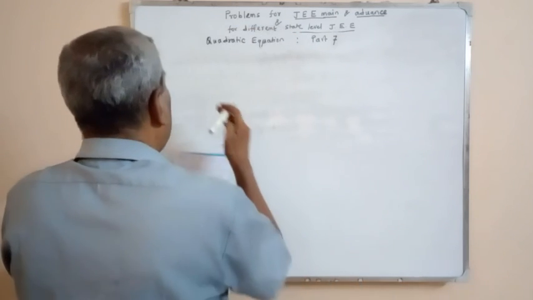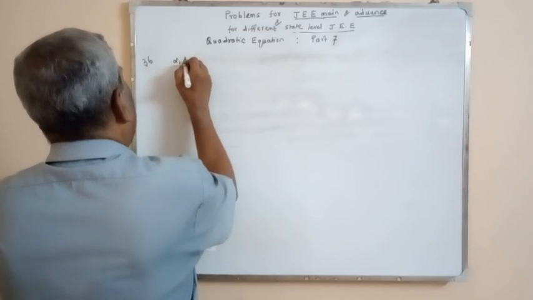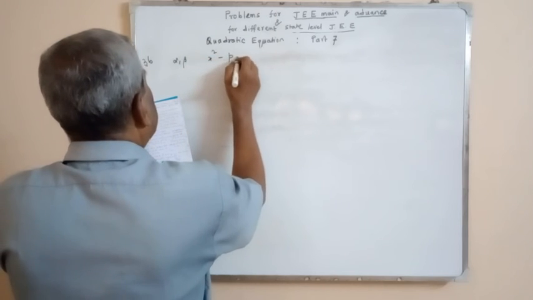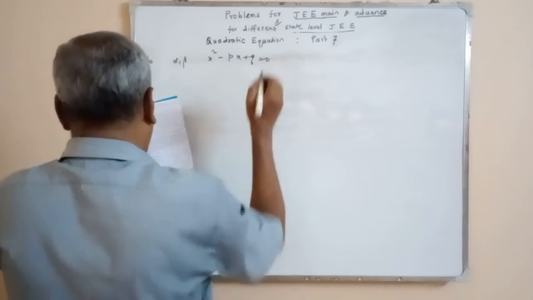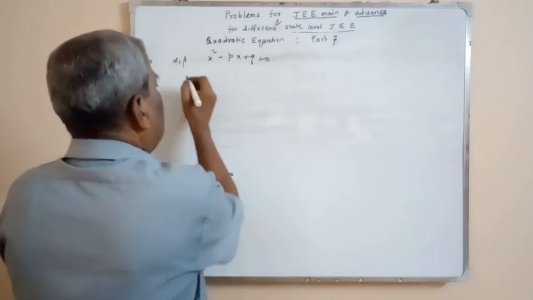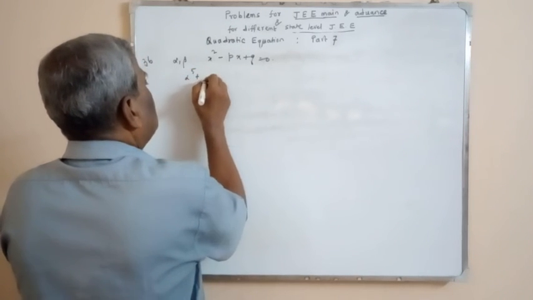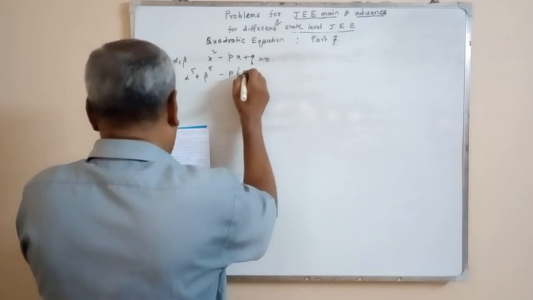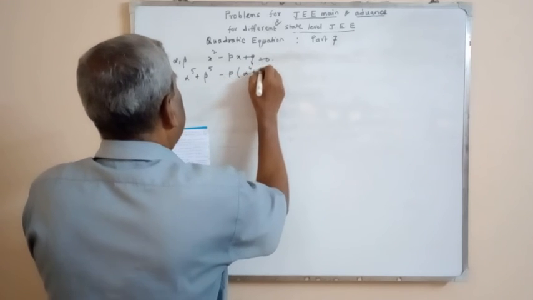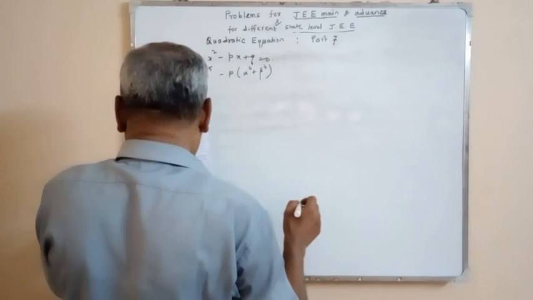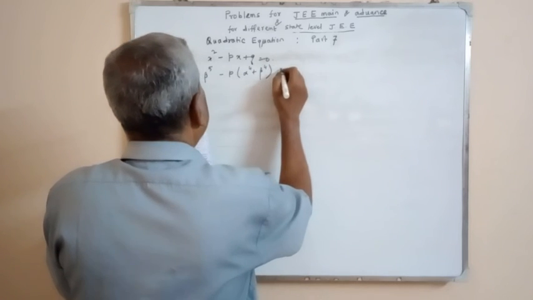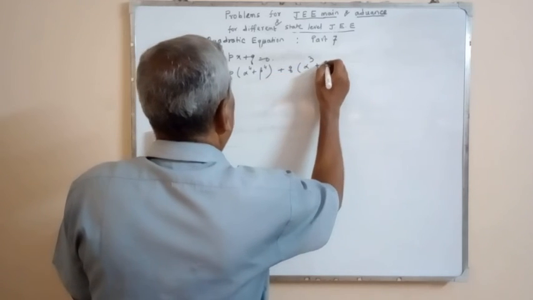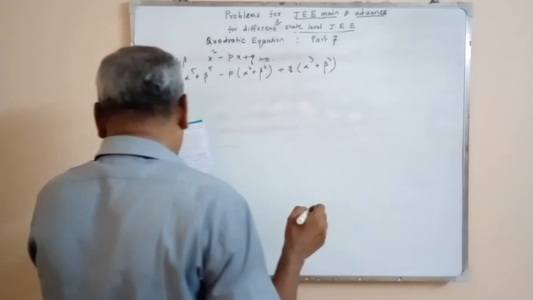If alpha, beta are roots of x square minus px plus q is equal to 0, then the value of alpha to the power 5 plus beta to the power 5 minus p into alpha to the power 4 plus beta to the power 4 plus q into alpha cube plus beta cube is how much?